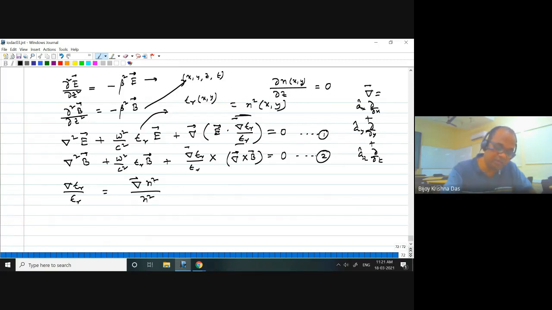Simply, n also has xy dependency, and this one has xy dependency. Obviously, I can write simply 2 times this one, right? Because it is just like x square. If you make a derivative of x square, it means 2x dx. So similarly 2n dn, something like that I have written.